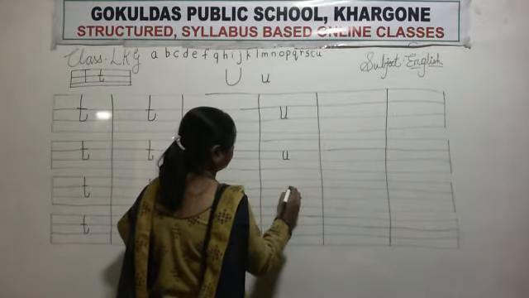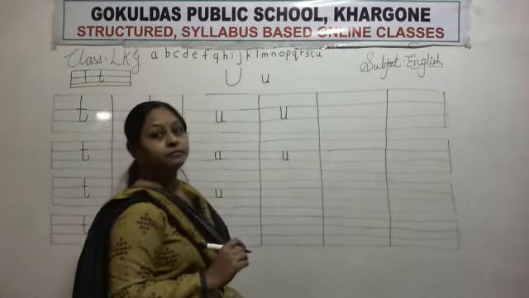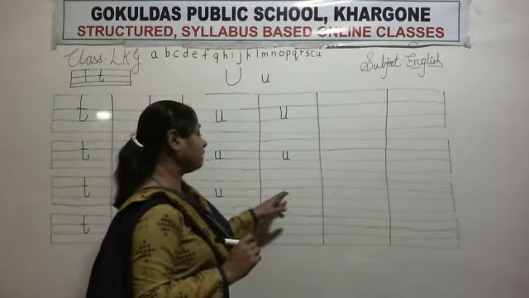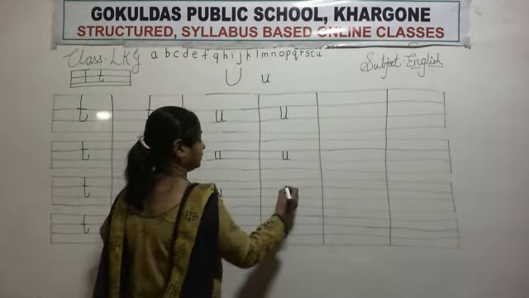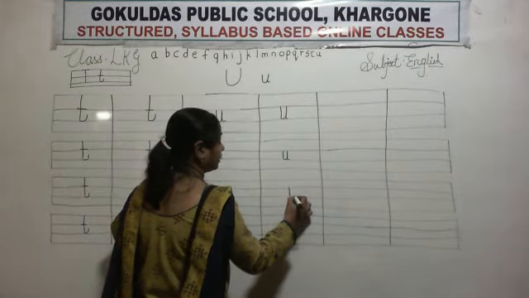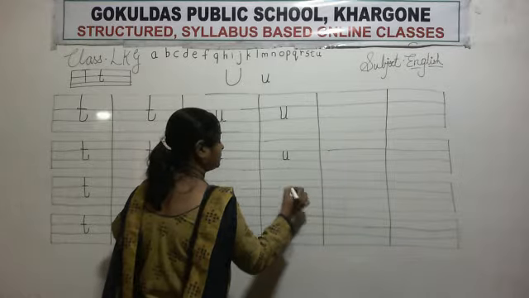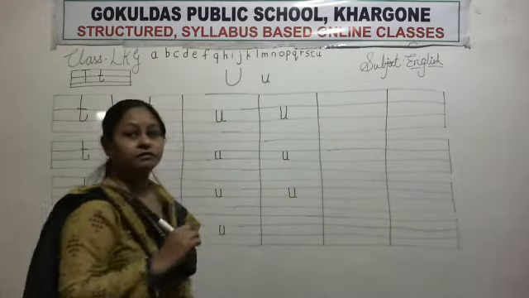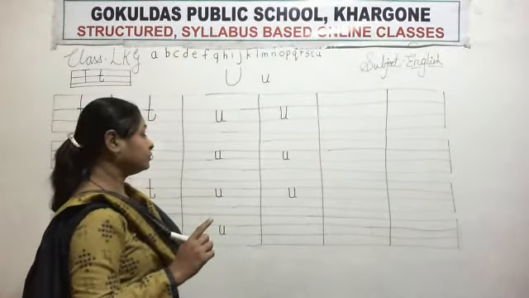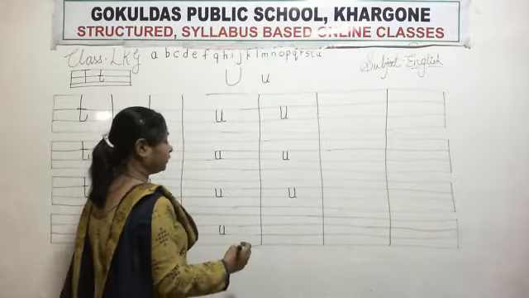In the next line, between the middle line and base line. You have to start from the middle line. Standing line, curve, upward, down, and small tail. Which letter is this? Letter U. So you have to say and write, all of you.